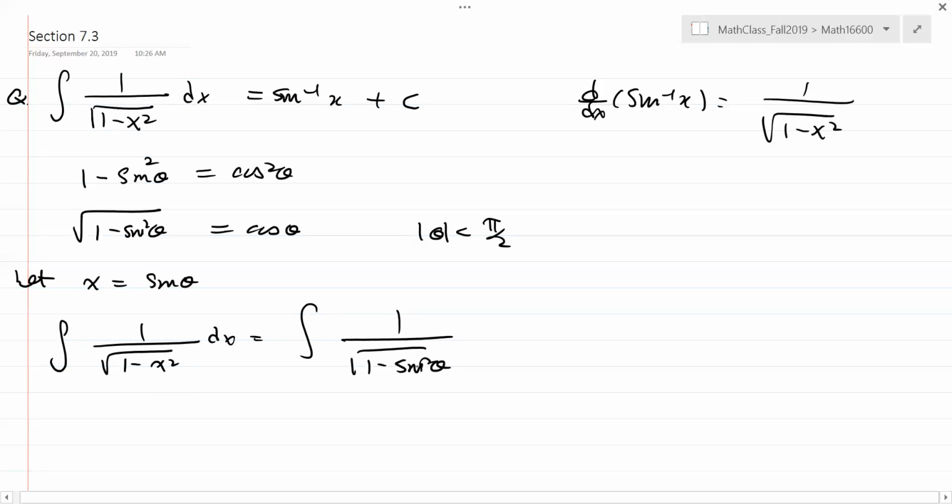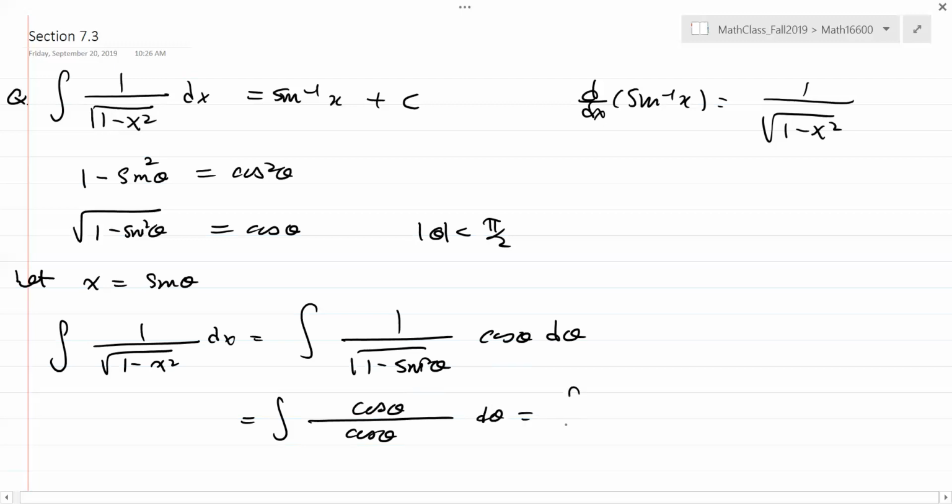Now dx, you cannot just change it to theta. dx is going to be cosine theta d theta, because the derivative of x with respect to theta is cosine theta. All right, so let's simplify. You will get cosine theta in the denominator, and you also get cosine theta in the numerator.